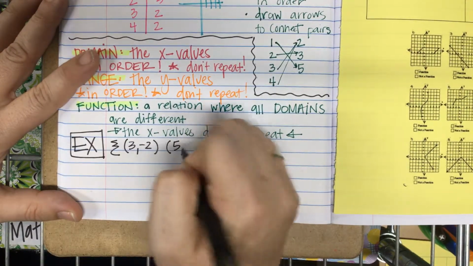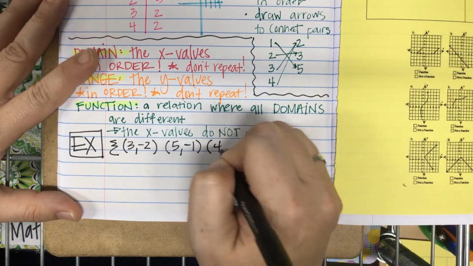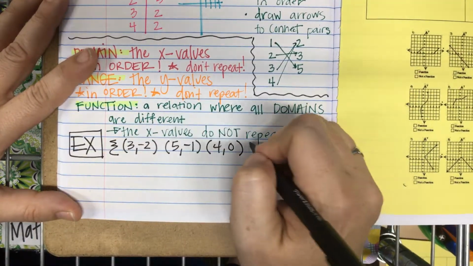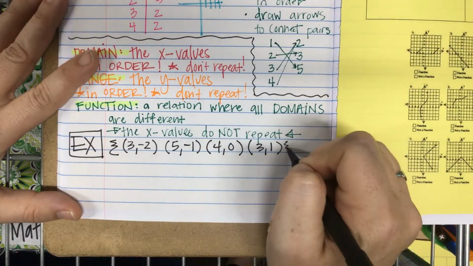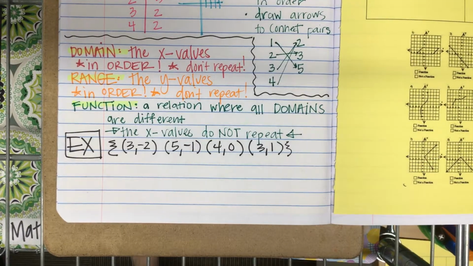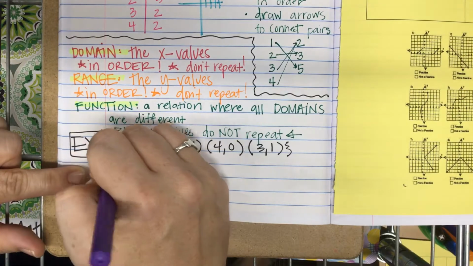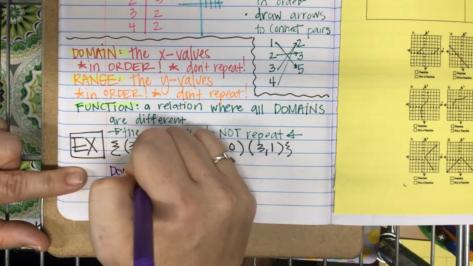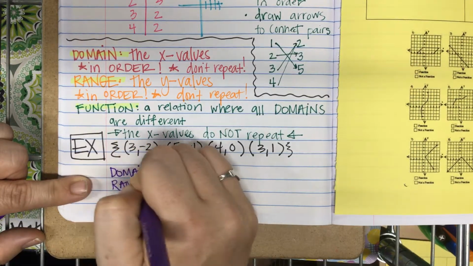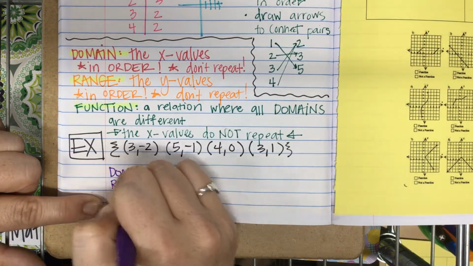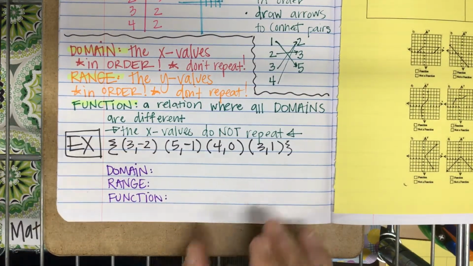I would like you to take this relation and tell me the domain, the range, and is it a function?